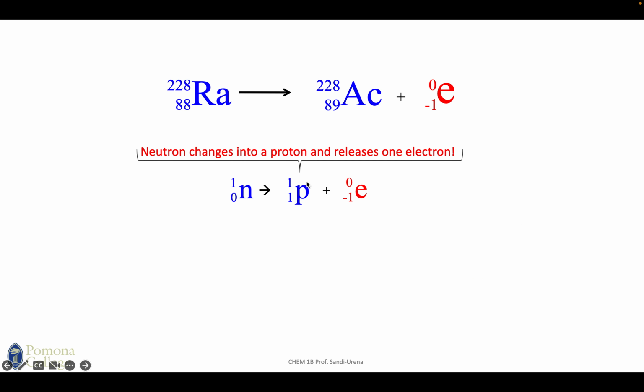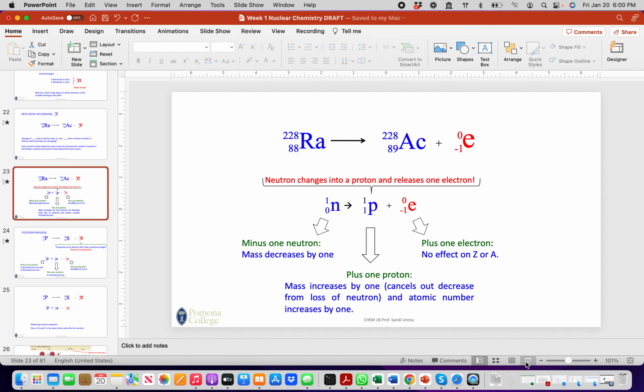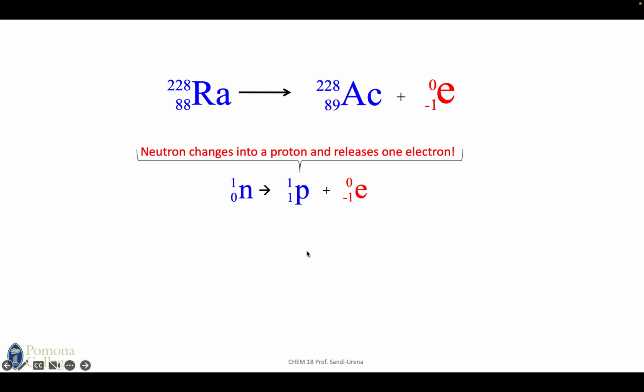The way to explain it is by realizing what happens to the number of neutrons as well. So the number of protons goes up by 1, but that proton must come from somewhere. And that proton comes from the reaction, if you will, of a neutron.